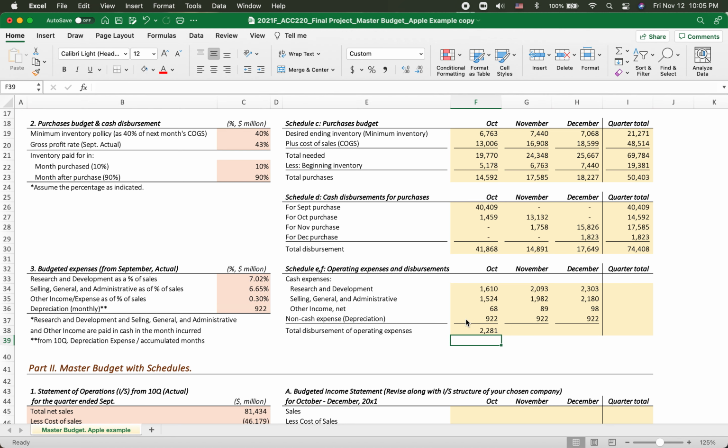So that we got the total disbursement, except for the depreciation.